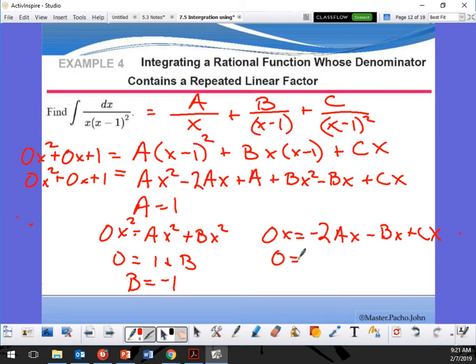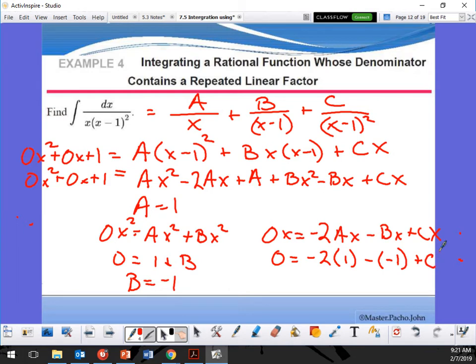So 0 equals -2 times 1, minus b, which is -1, and then plus c, right?